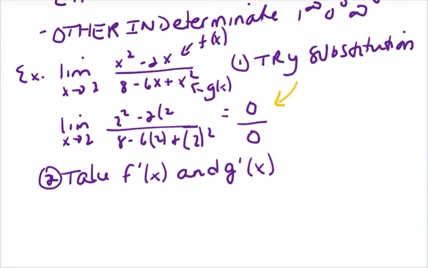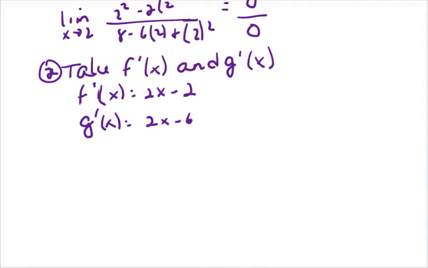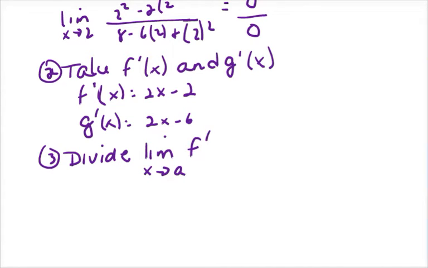So let's do that. f prime is equal to 2x minus 2, and g prime is equal to 2x minus 6. Now I'm going to take the ratio of the derivatives and take the limit. In general, this is what happens.